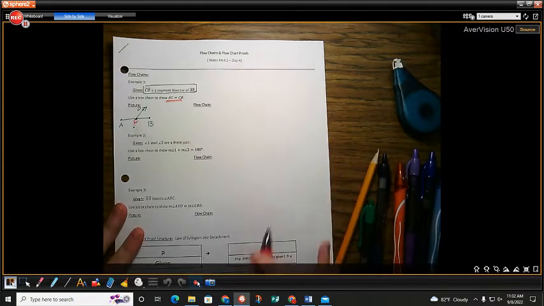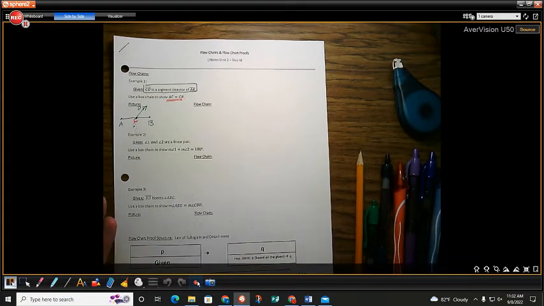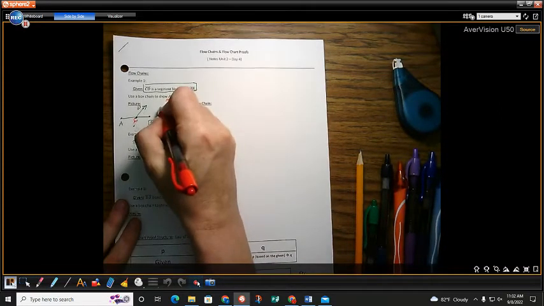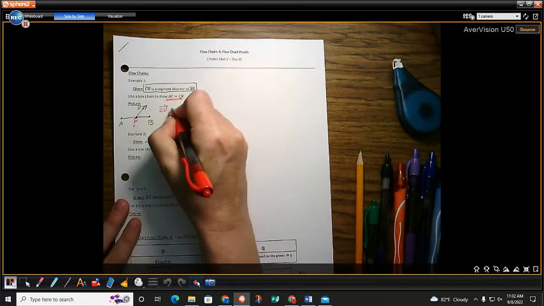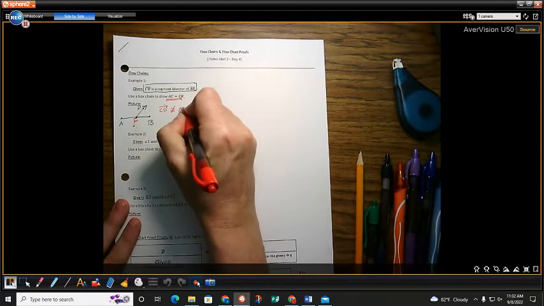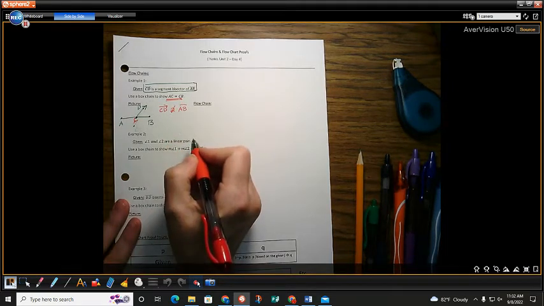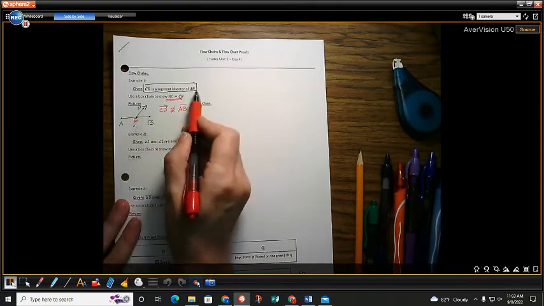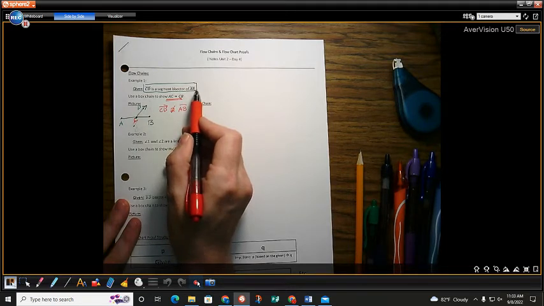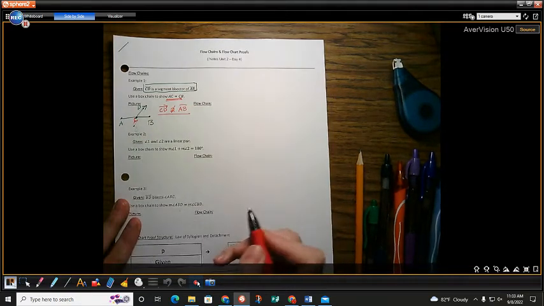So you go, okay, what do you always get right at the start of a proof? Given. So you start off with what you're given. So ray CD is a bisector of segment AB. Notice I did the shortcut way of writing it because I'm lazy. Could you write out this whole thing exactly? Of course you could, but I'm lazy, and I don't.